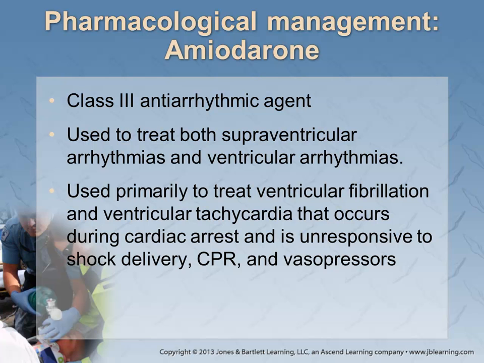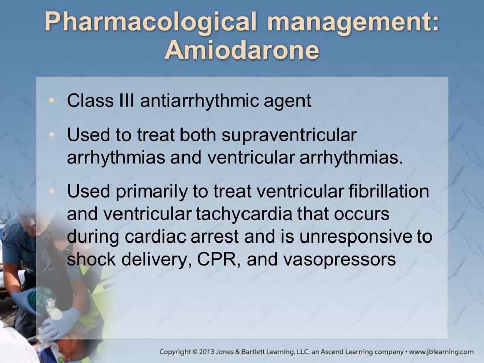Amiodarone. Amiodarone is a class 3 antiarrhythmic agent. It treats SVTs and ventricular arrhythmias. So amiodarone can kind of do the job that adenosine can't do. Adenosine can just work on SVTs, and that's it.